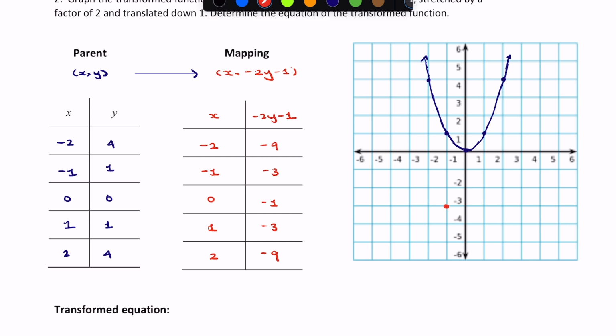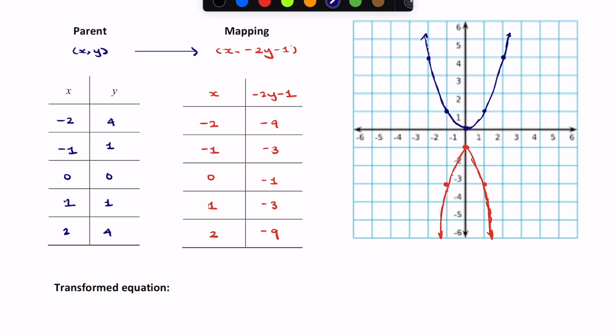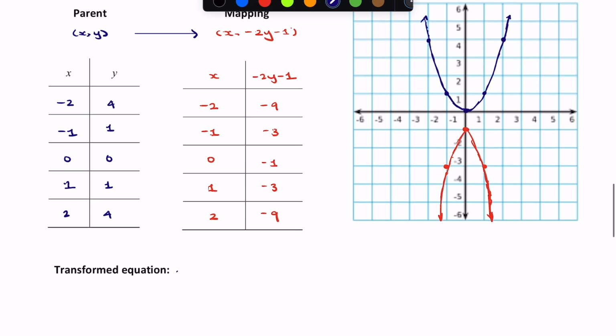So we have negative 1, negative 3, 0, negative 1, 1, and negative 3. So it'll look something like this, and you can just extend it down here. So when we look at our transformed equation, f of x is equal to negative 2x squared minus 1.